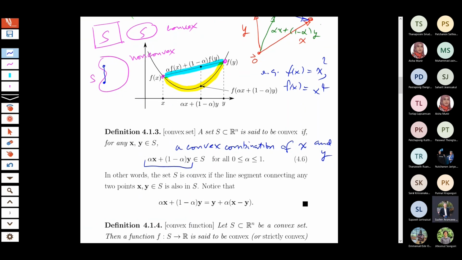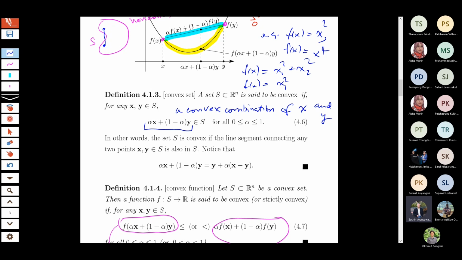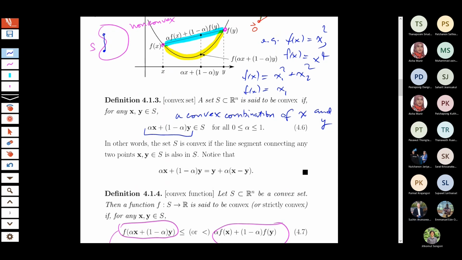For example, in the R2 space, for the case of two variables, a convex function is f(x) equals x1 squared plus x2 squared, or f(x) equals x1 squared plus x2 squared, all squared. If we square it, then we still have a convex function.